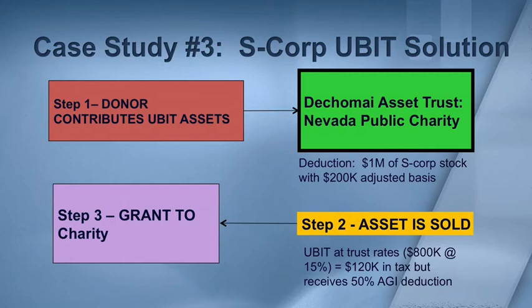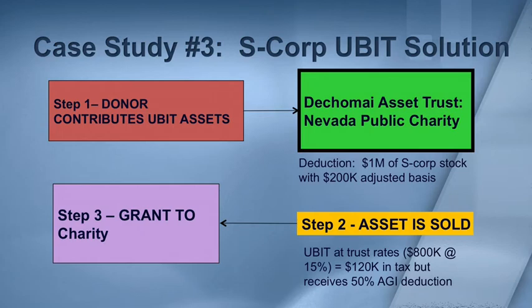So what does all of this mean? $1 million share value can be donated to the charity in trust form. $1 million deduction taken by the donor. No estate tax, obviously, for any of that. It's out of the estate for estate tax purposes.